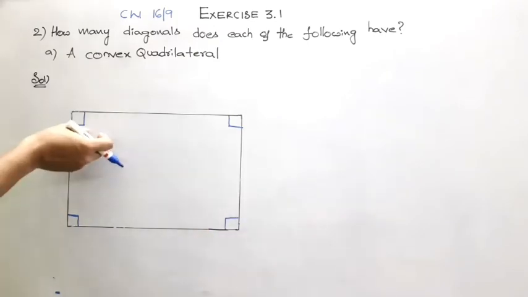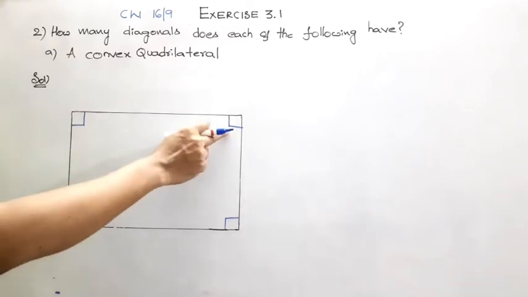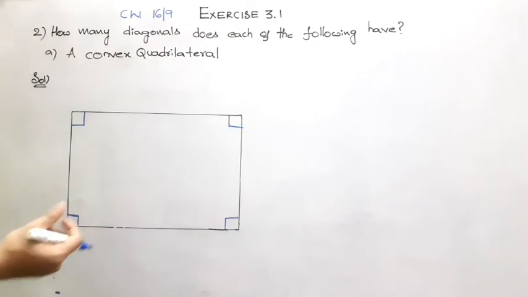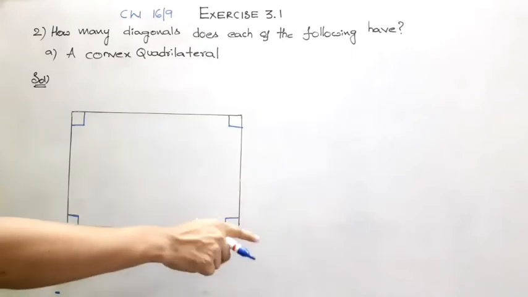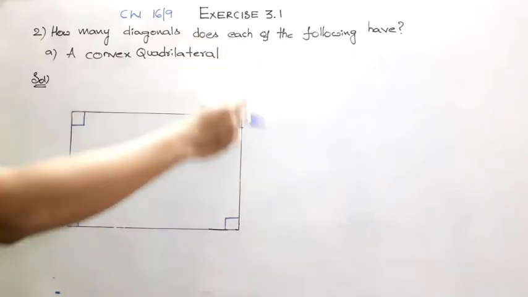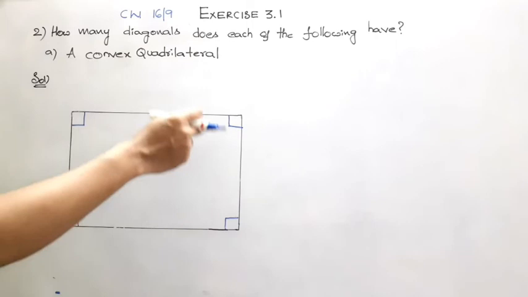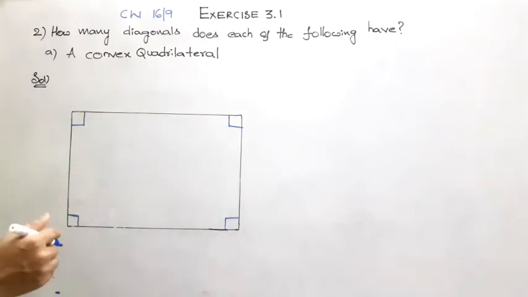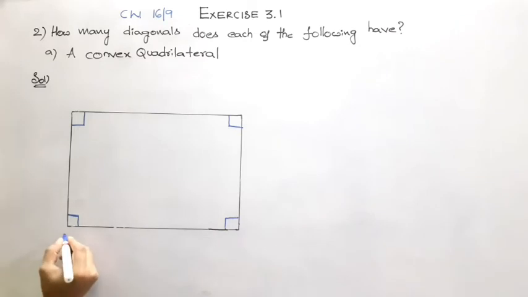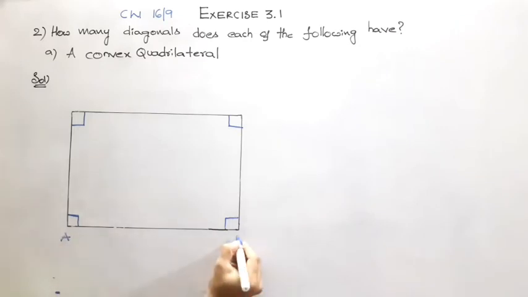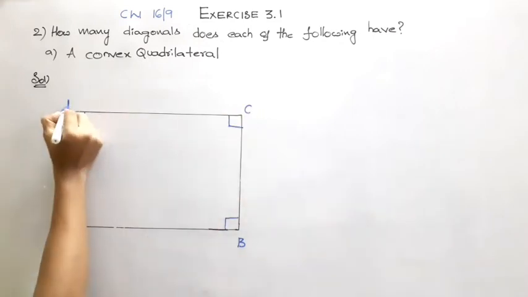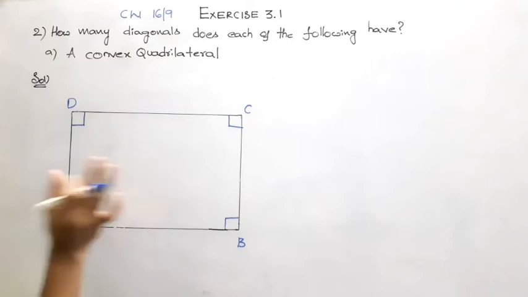Each 90 is less than 180, and all the vertices are pointing outside. If we extend the sides of the given polygon, they won't come inside the figure. Hence, this rectangle ABCD is a convex quadrilateral.